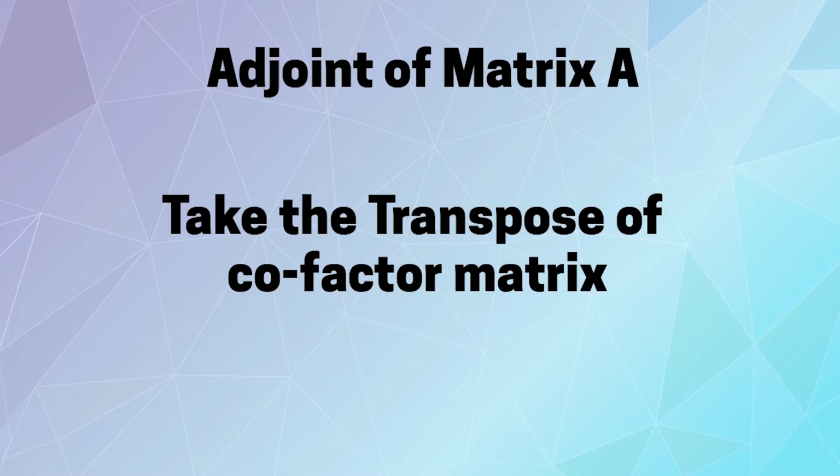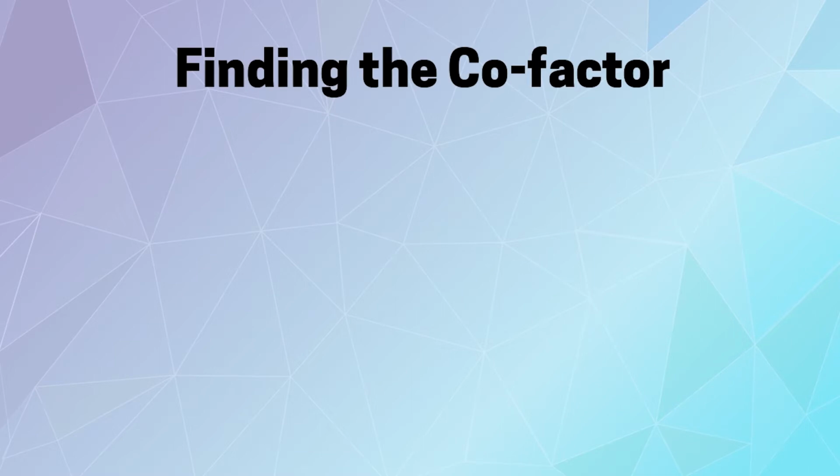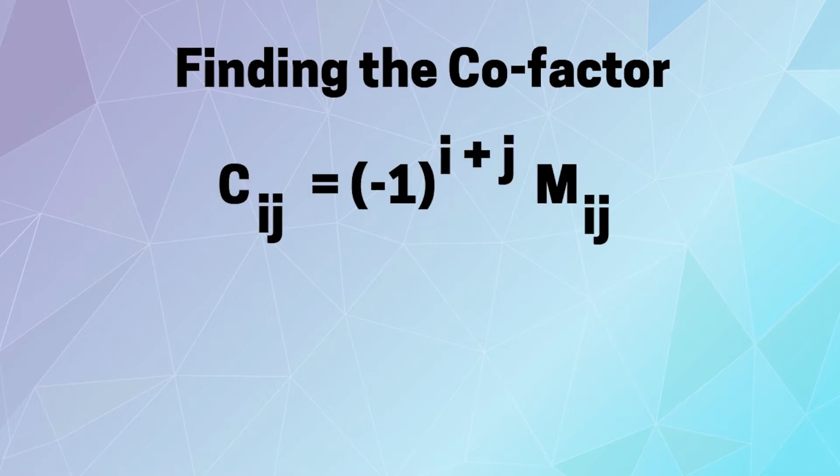The adjoint matrix of matrix A is obtained by taking the transpose of the cofactor matrix. The cofactor of an element is obtained by the following formula. Cij is equal to minus 1 to the power i plus j into Mij.